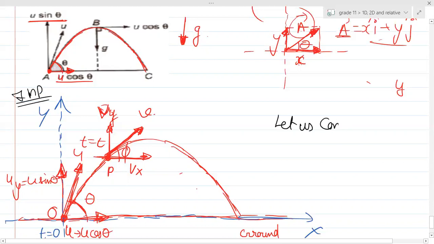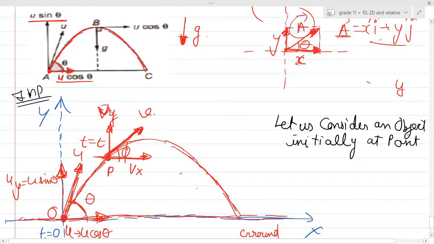Let us consider an object initially at point O. So can you see point O? Here.